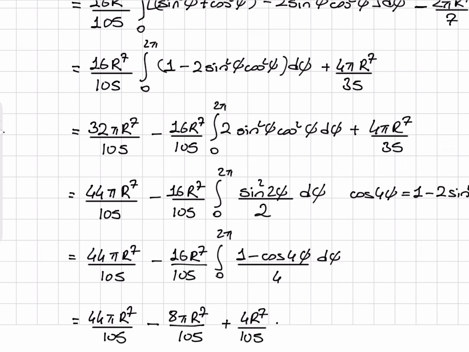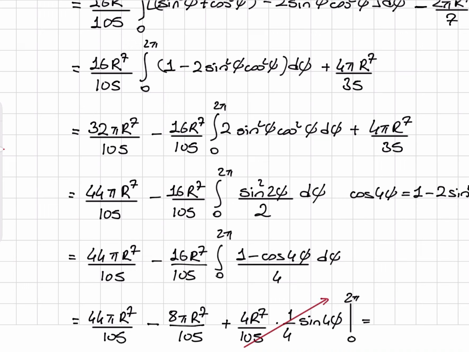And then from the integral of cosine 4 phi d phi, I have 1 over 4 sine 4 phi, which will be evaluated between 0 and 2 pi. And now you can see that this part will give no contribution.